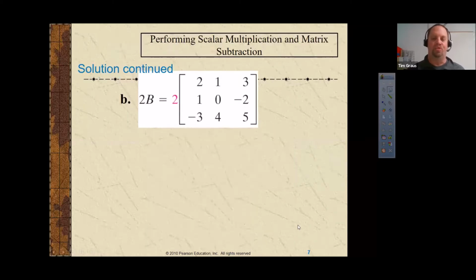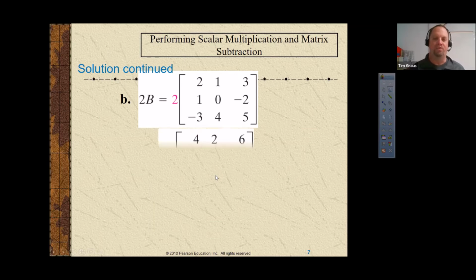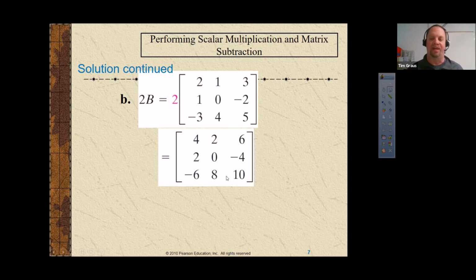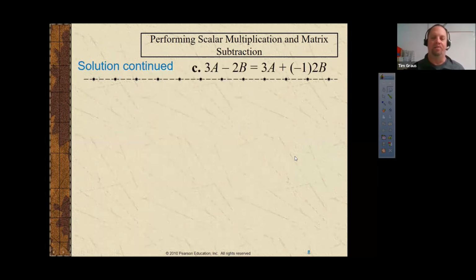Next, let's figure out 2B. So I'm just going to take every entry in this matrix, multiply it times 2. So doubled all these numbers would be 4, 2, 6, 2, 0, negative 4, negative 6, 8, 10. Pretty straightforward process. Now, if I want to do 3A minus 2B, here's what I do.